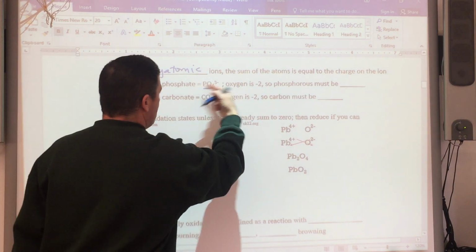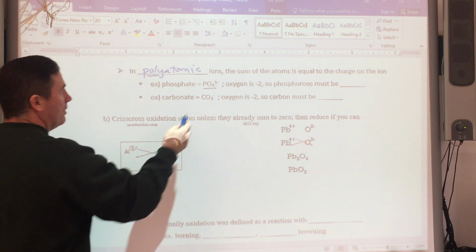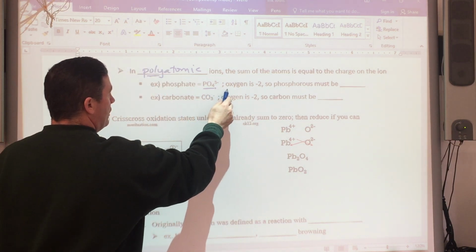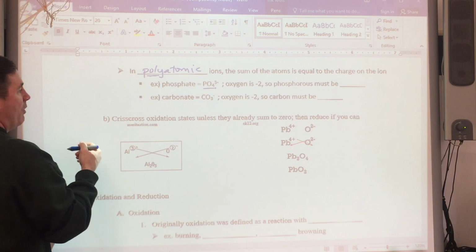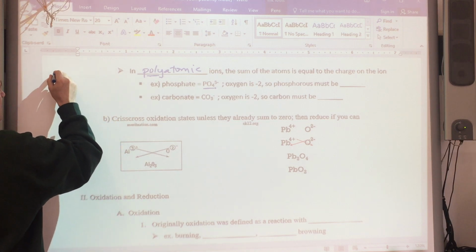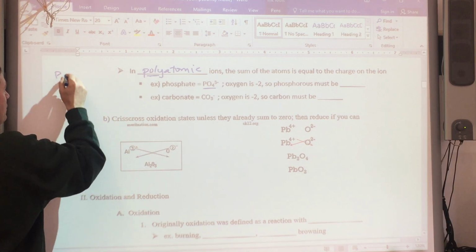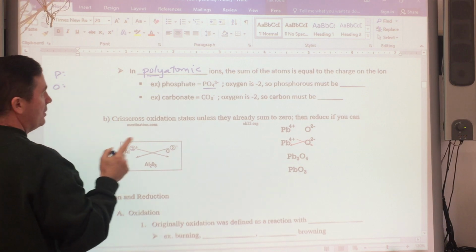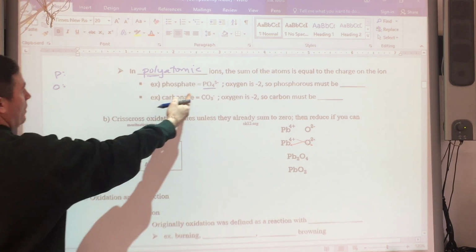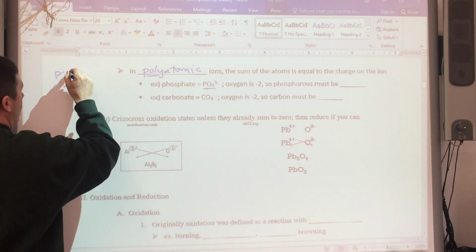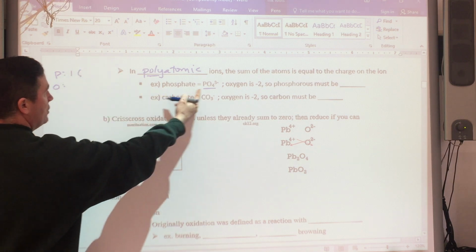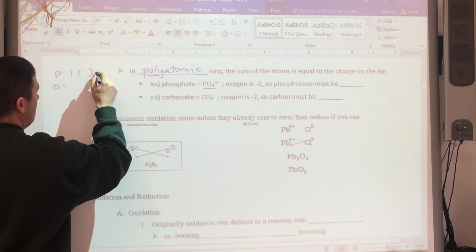So this is really the figuring out part of it. Let's remind ourselves how this works. If PO4 is 3-, I've got phosphorus, I've got oxygen. I taught you how to do it this way. How many atoms do I have? I've got 1 atom, and I don't know what its oxidation state is.